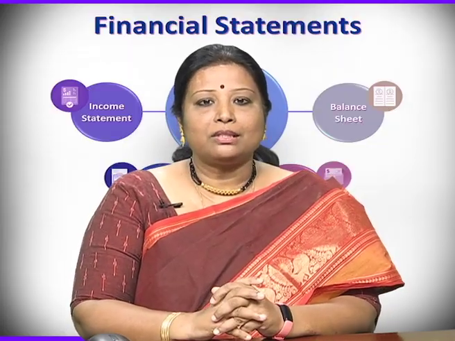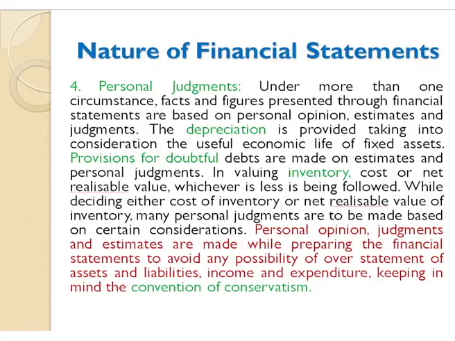Lastly, my dear students, personal judgment. In more than one circumstance, facts and figures presented through financial statements are based on personal opinion, estimates and judgments. For example, while calculating depreciation, 5% or 10%, or while estimating the economic life of a fixed asset, 5 years, 10 years, you use your personal judgment.